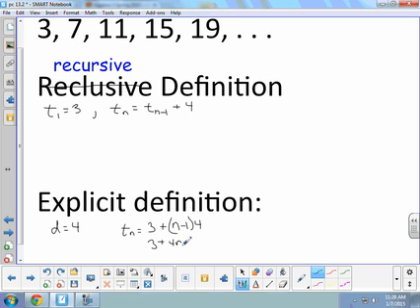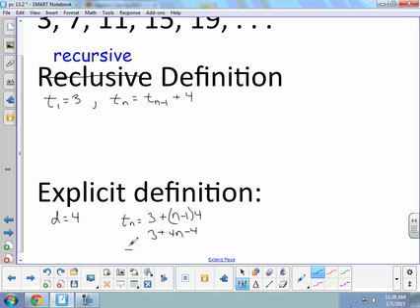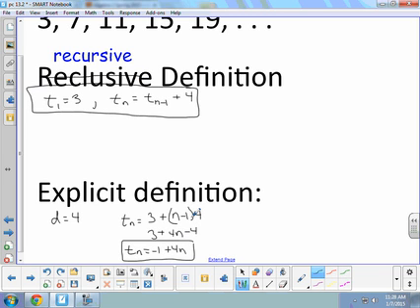Let's actually distribute this time. So t sub n would be negative 1 plus 4n. This is explicit. This is recursive.